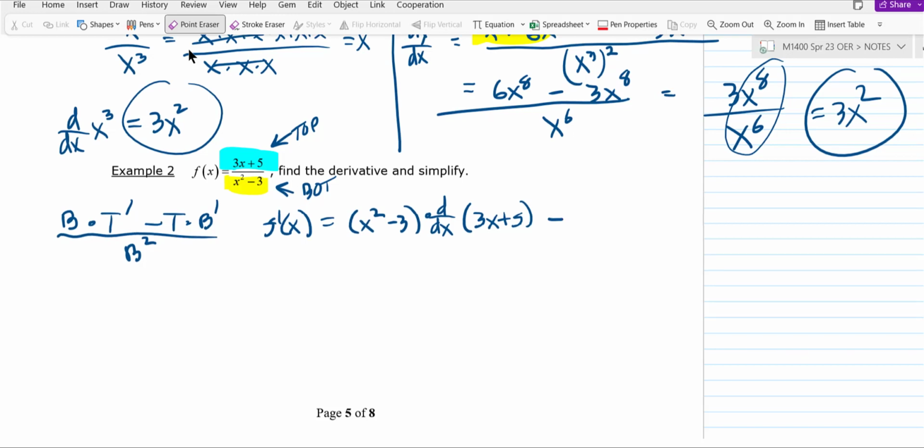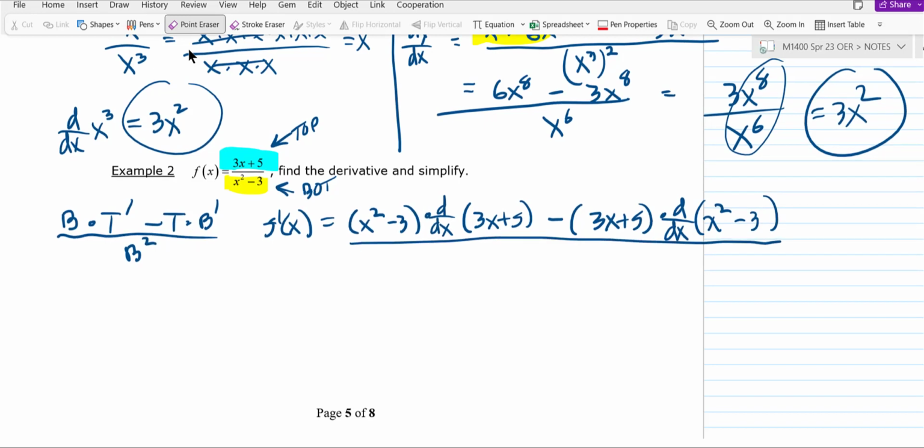Now we do minus the top, which is 3x plus 5. Then we multiply by the derivative of the bottom, like that. And then make sure you have a big fraction bar. The whole thing is over the bottom squared, whatever that is, okay?